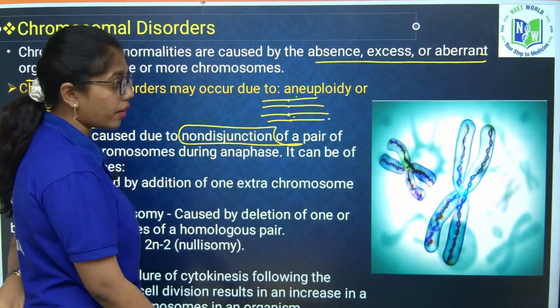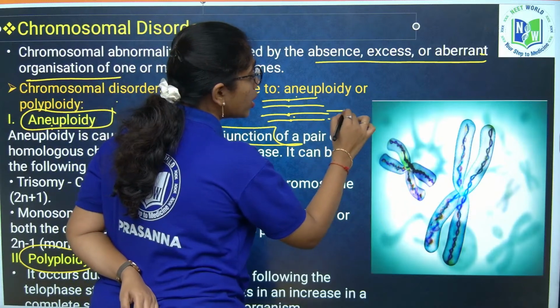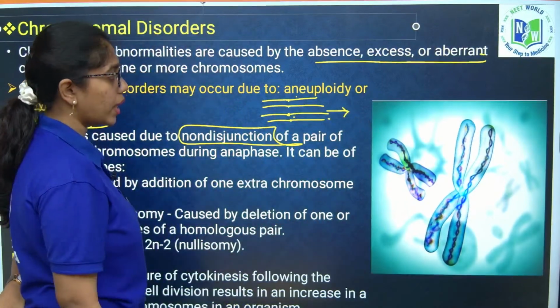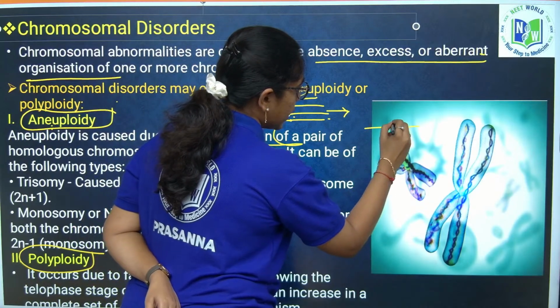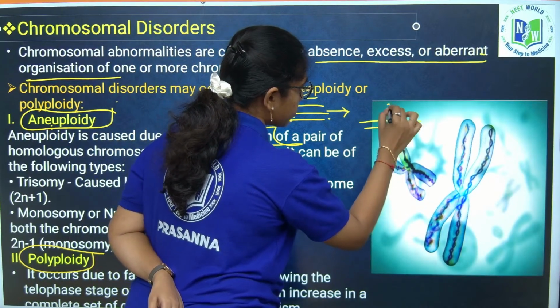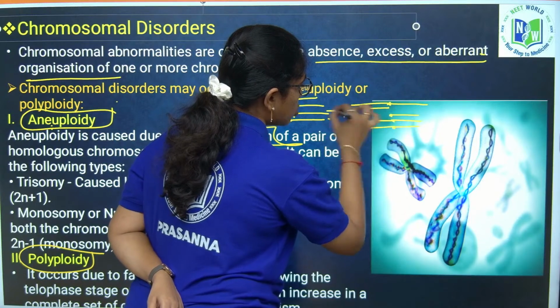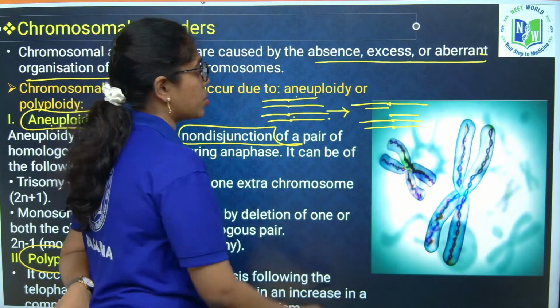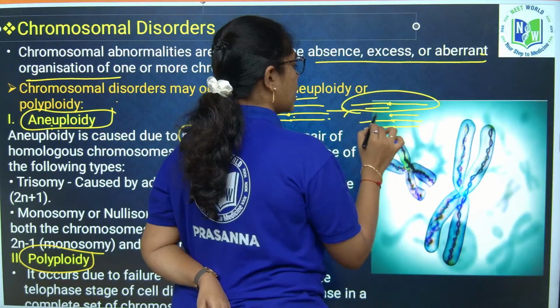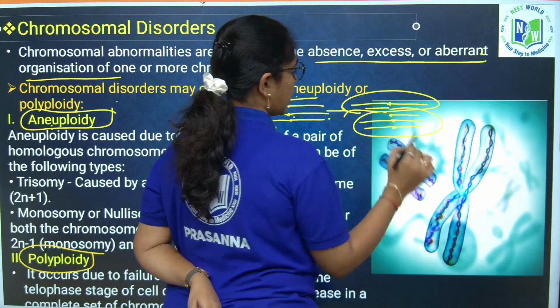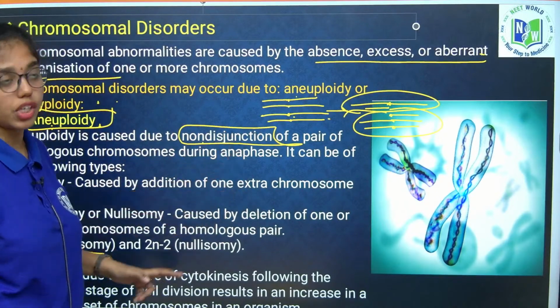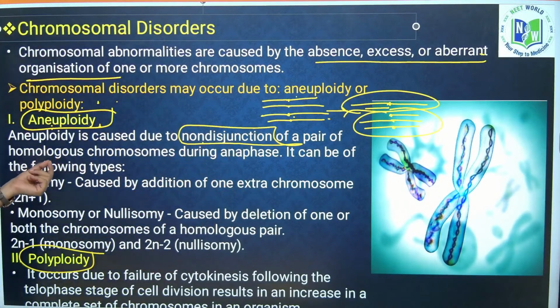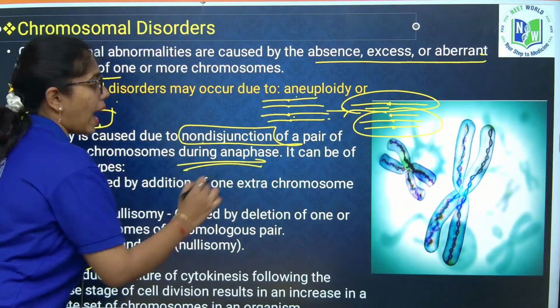Because of inappropriate segregation, the chromosomes are not separated properly, and because of this, aneuploidy occurs. This is called non-disjunction of a pair of homologous chromosomes during anaphase.